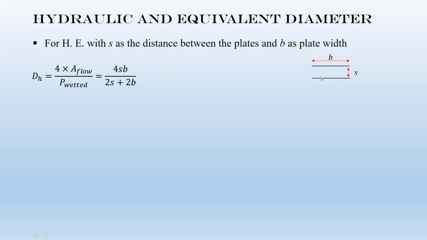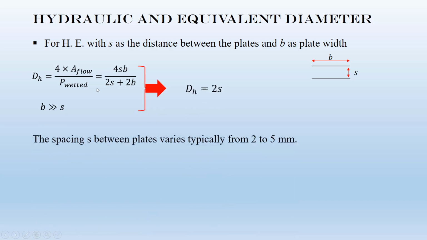Keep in mind that normally S, the distance between the two plates, is much smaller than the plate width, so you can assume that B is much bigger than S. Then you can ignore this part, and write D_hydraulic equals 2S.